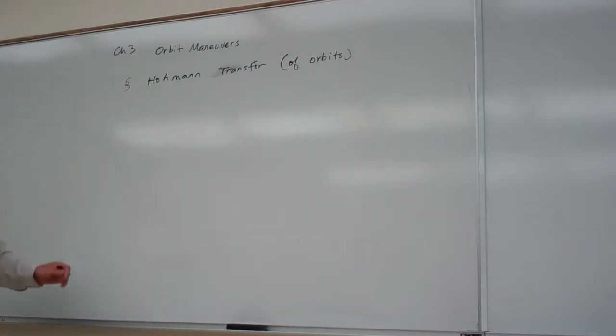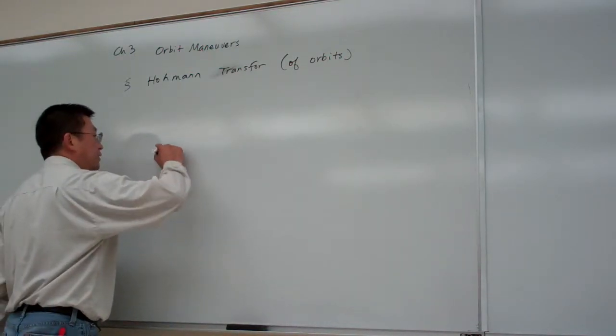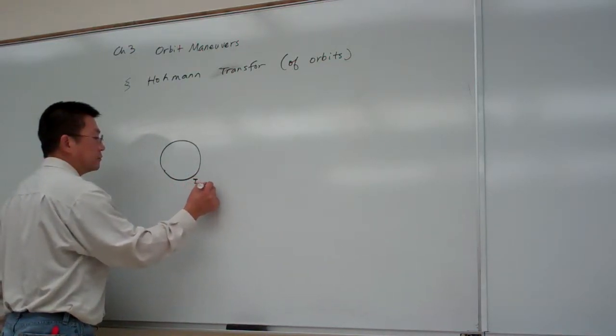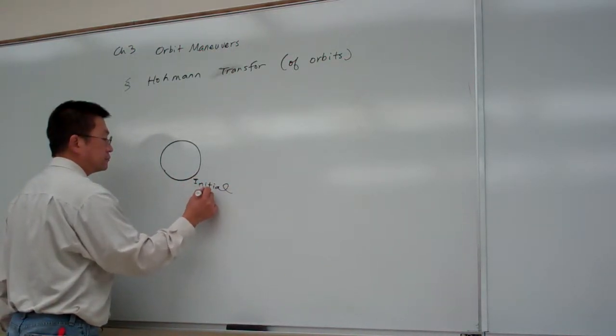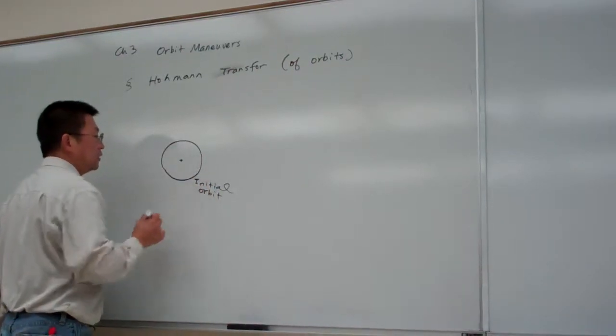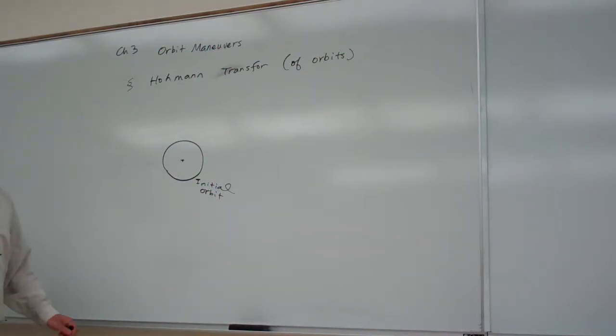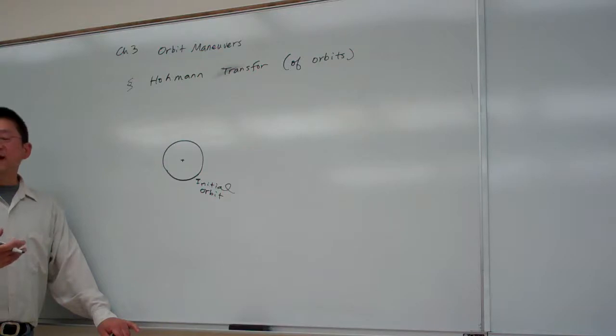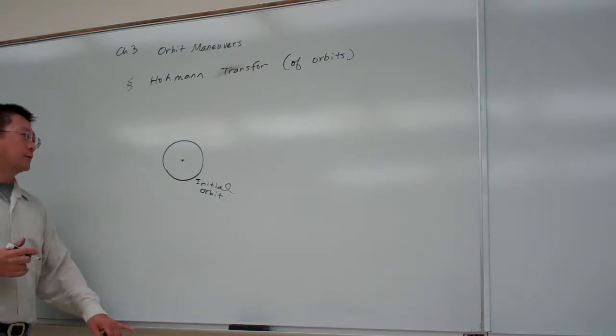Okay, for the Hohmann transfer, the thinking is this: assuming this is the initial orbit. This is the center here, and for simplicity, we assume this initial orbit is circular, but the concepts can be applied to the elliptical.